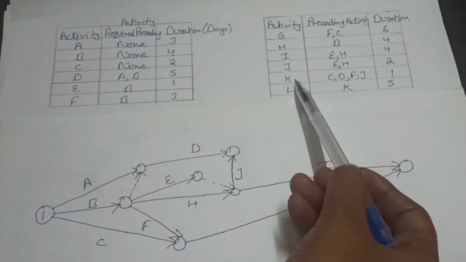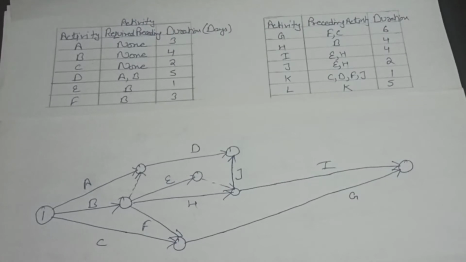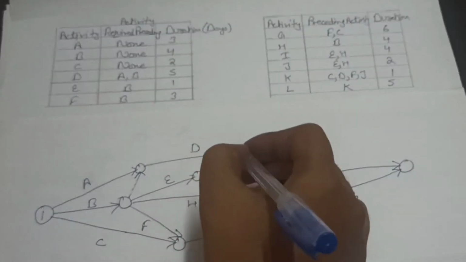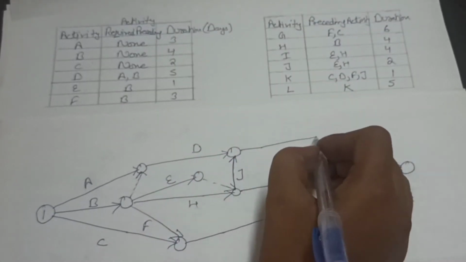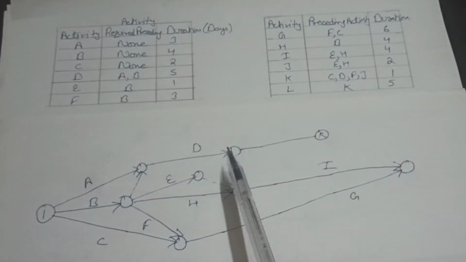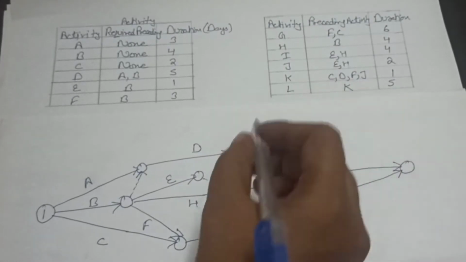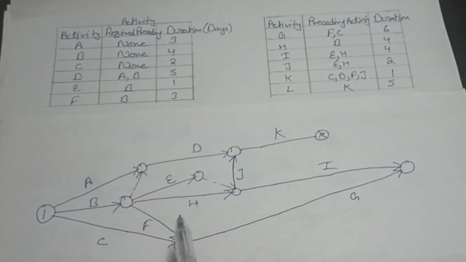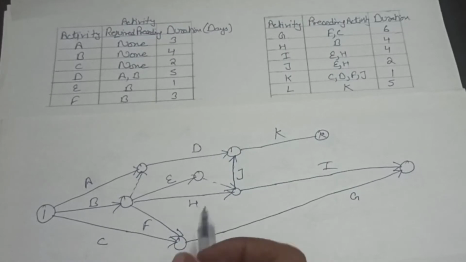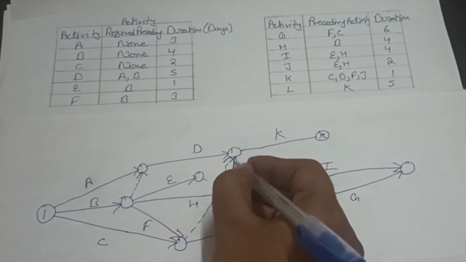Now K activity. K activity starts after C, D, F and J. So we will draw K activity like this. So you can say K activity starts after J and D, but here there is no role of C and F. So students, we will draw a dummy activity here like this.